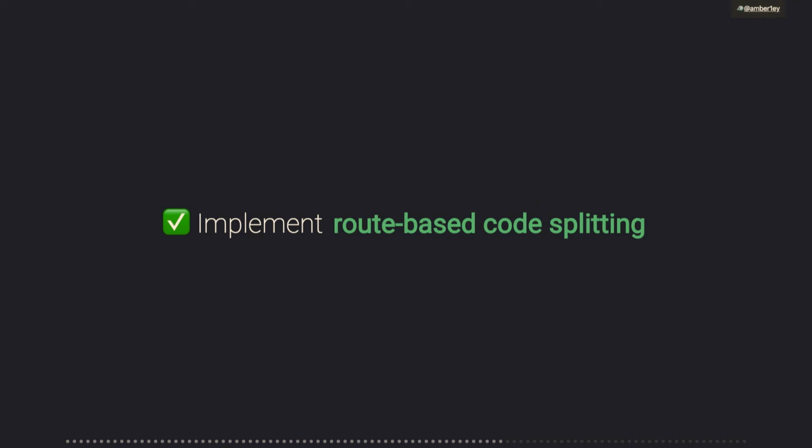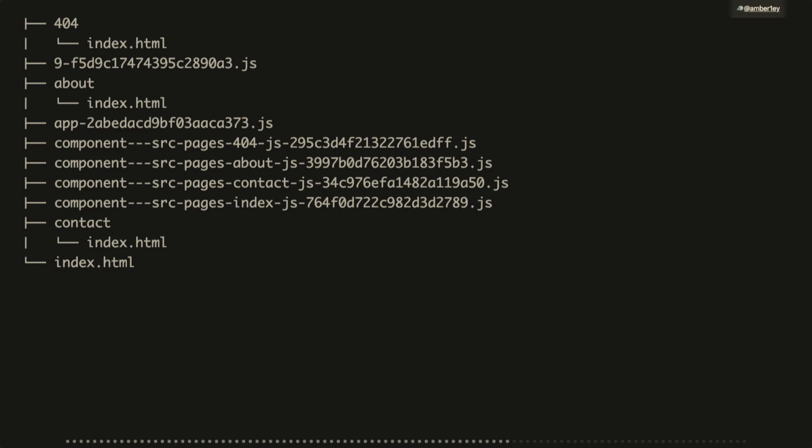I'll go through a quick simplified example of what this looks like in a built Gatsby project. If we go through this, these top-level directories, the 404, about, contact, etc., they represent different routes and contain their respective precompiled HTML server rendered at build time.